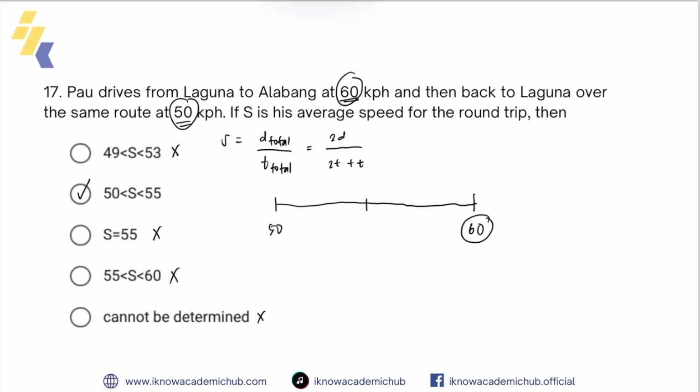So in some questions, kung hindi nyo maisipan ng formula, you just have to use your common sense. Like in this problem, kailangan lang na malaman nyo na mas mabagal yung average speed compared to 60 at mas malapit siya dapat sa 50 kasi nga mas matagal yung oras na na-spend niya going back to Laguna. Okay?